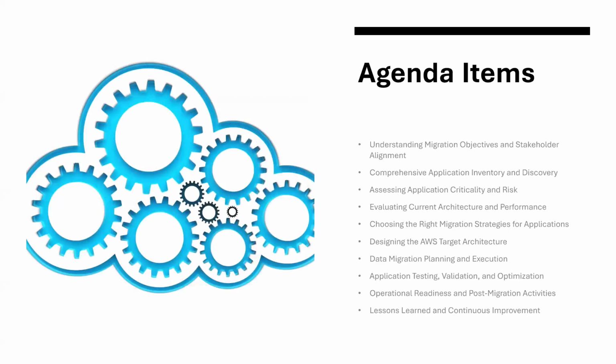The agenda that I'm going to cover in these slides is that we need to understand migration objectives, and who all the stakeholders are in the overall migration project, which is very important from a business support perspective. Then comprehensive application inventory and discovery. This is very important when we are talking about applications: what all needs to be gathered in the inventory, the aspects of the application, software, dependencies, and APIs.